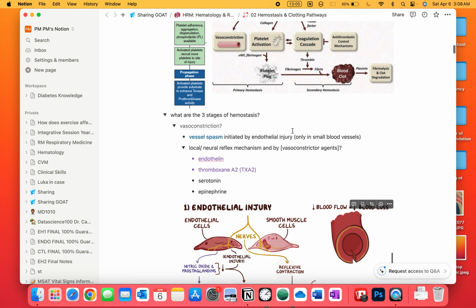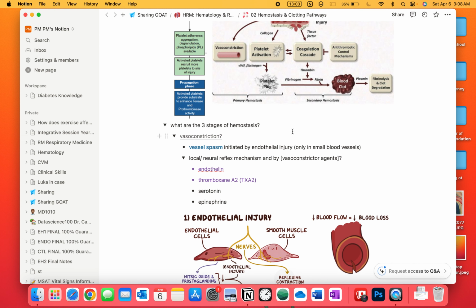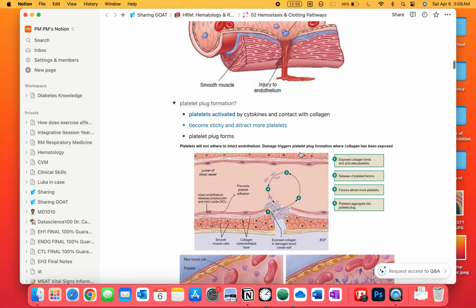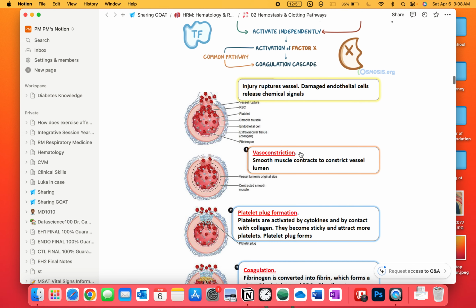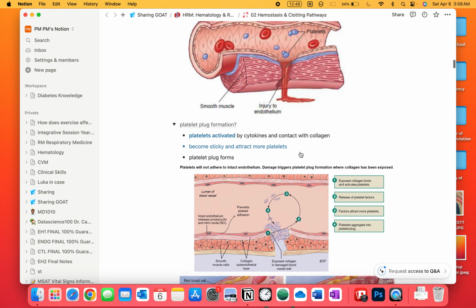That's true, but you also want to include coagulation, so technically there should be 4: vasoconstriction, platelet plug formation, clot formation or coagulation, and then clot retraction. That is the answer, not primary, secondary, if that's asked in a question.